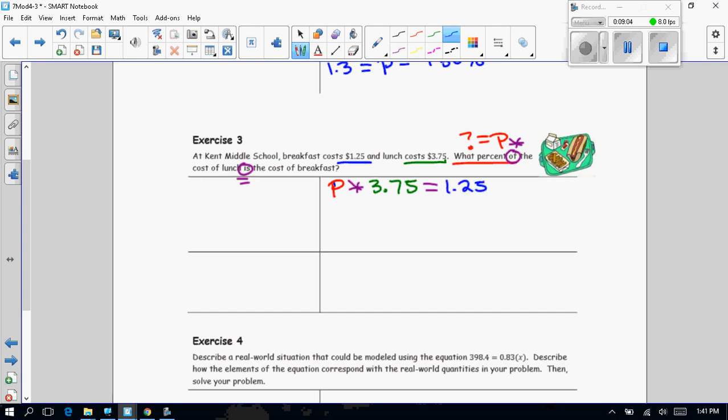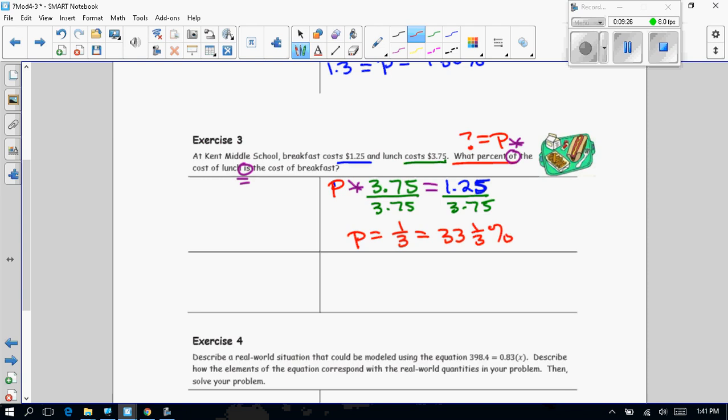Can literally interpret that sentence. All right, so now that we have that, I'm going to divide everything by 375. And I find out that P is equal to 1/3. Well, when I convert that, that becomes 33 1/3%.